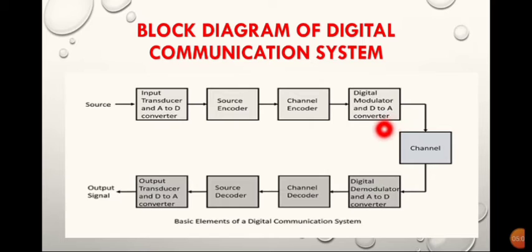As at the transmitter the signal is modulated, initially we have to demodulate that signal, hence we are using the digital demodulator here. So what is the function of the demodulator? It removes the carrier from the source information. Okay, hence the demodulator removes the carrier, or separates the carrier and the information signal.